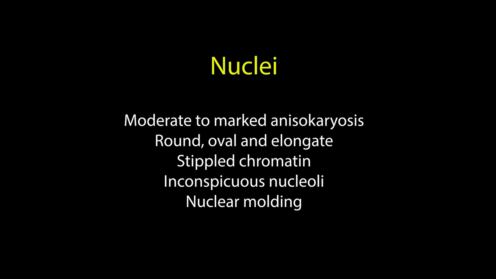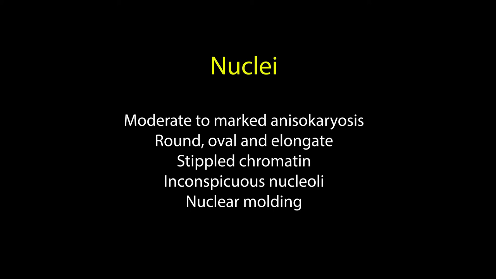Nuclei are very characteristic in neuroendocrine tumours. So that degree of anisokaryosis varies according to the differentiation of the tumour. So carcinoids, which are well differentiated neuroendocrine tumours, tend to have less nuclear atypia than small cell carcinoma, for example.